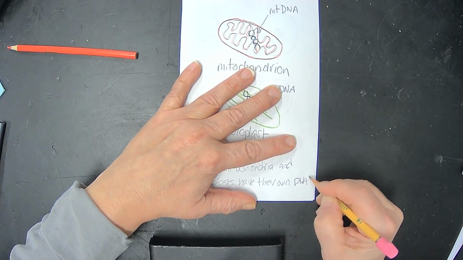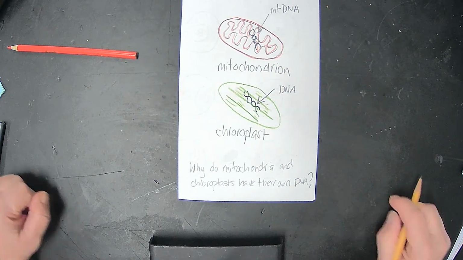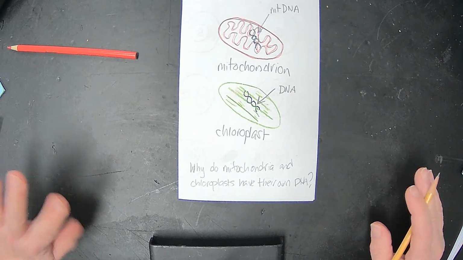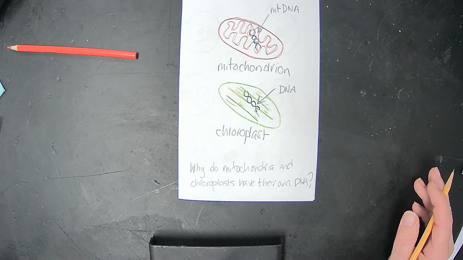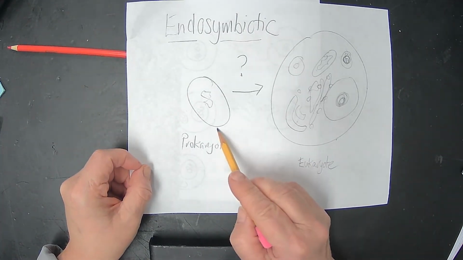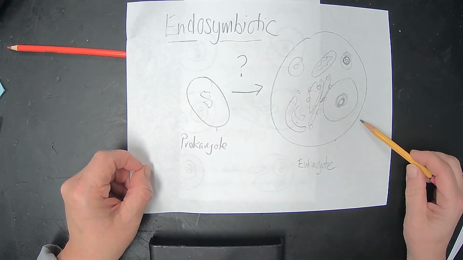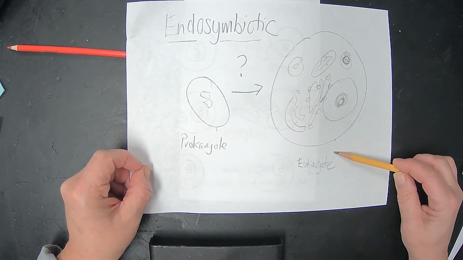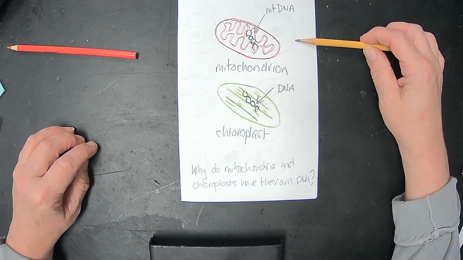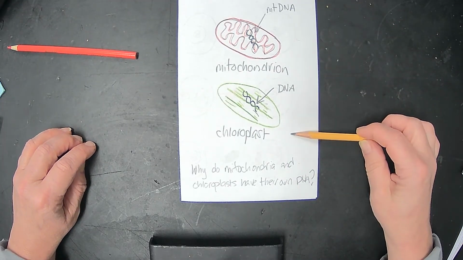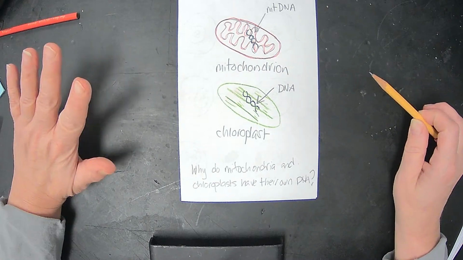Okay, so that's also a question. So we're going to attempt to answer two questions. We're going to attempt to answer how do we get from a very simple cell, a prokaryote cell, to a highly complex cell, the eukaryote cell, and why do mitochondria and chloroplasts have their own DNA?